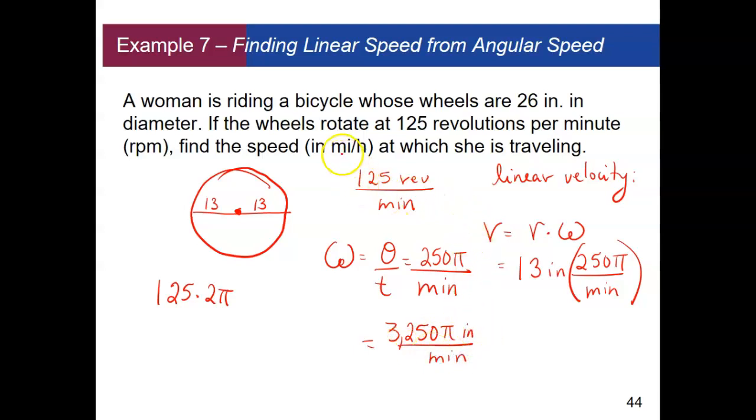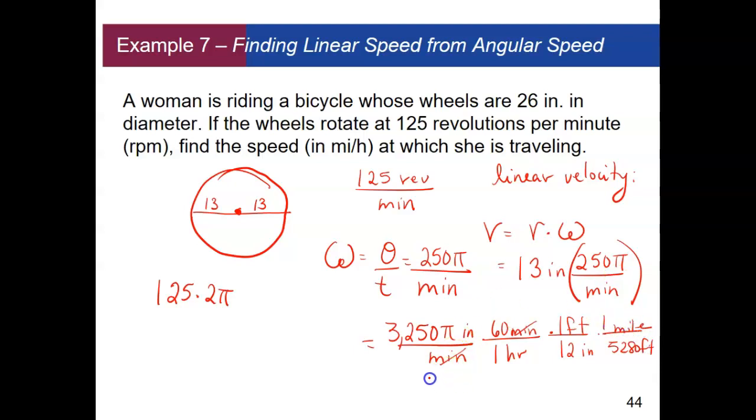Okay, we want it in miles per hour. So we're going to need to do a couple conversions. We know that there's 60 minutes in 1 hour. We also know that there are 12 inches in 1 foot. There are 5,280 feet in 1 mile.